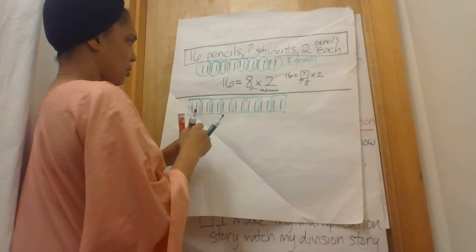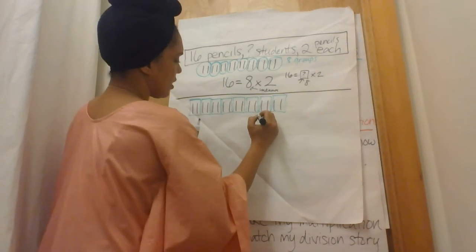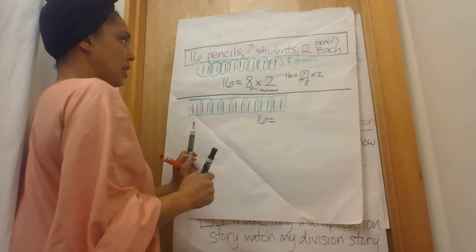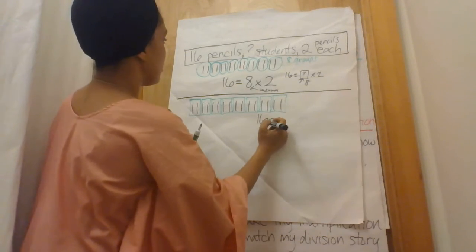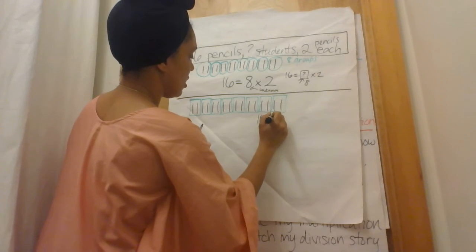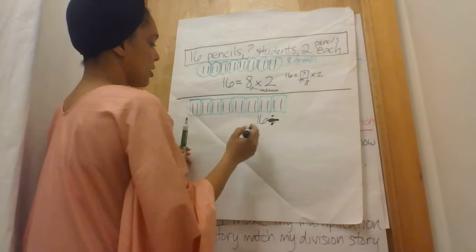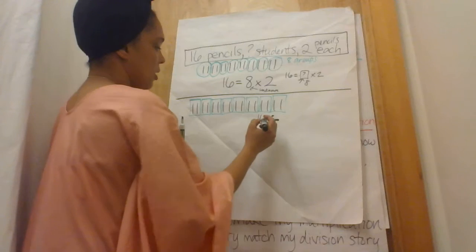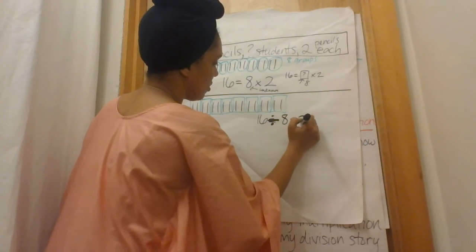Okay, it looks pretty similar to what I did before. The only difference is when I look at this, I see that yes, there's 16 of them, but I have divided it, or excuse me, I put this into 8 groups of 2.